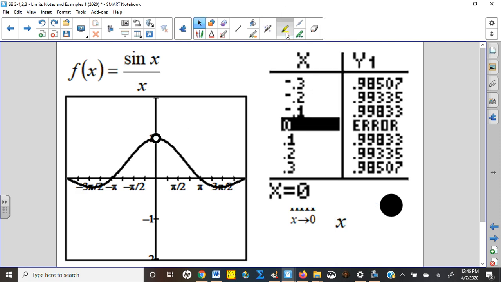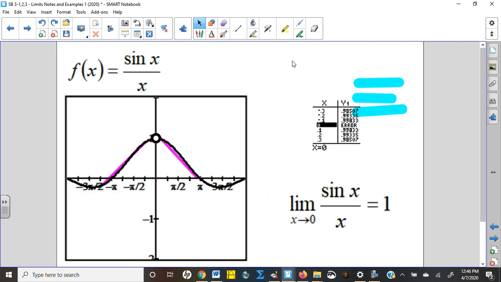In both the graph, right, here we go, up towards that height, and the calculator, 0.98507, 0.99335, 0.998, right, are getting closer and closer to a value of 1. And the limit is 1. It's a crazy type of problem you've never done before. But that's what limits want. Limits want to know what you're zooming in toward, what you're approaching, what you're intending to get to, not what you actually do get to.